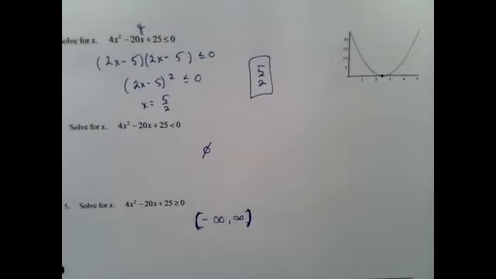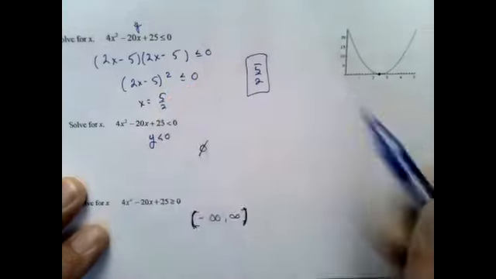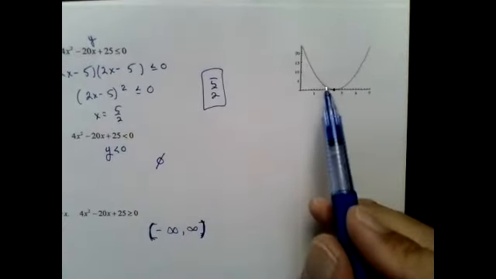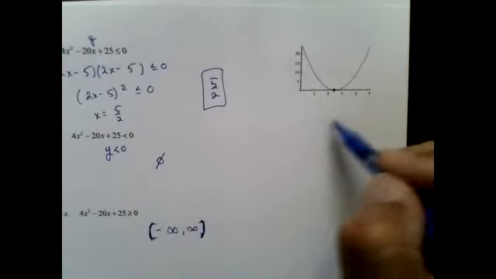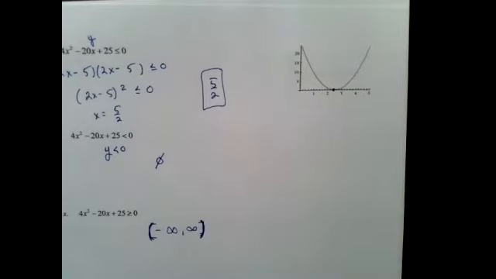Any questions? How did you get that for this second one? Okay, when are my y values less than 0? If I look at this graph, where? Never. There's none. So that's called the empty set.